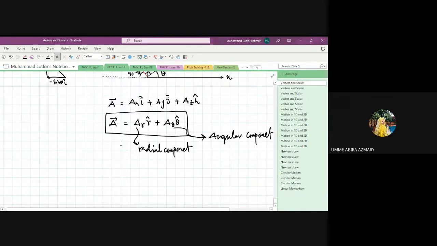No, sir. In the Cartesian coordinate system, we have the x-axis and y-axis, but in the polar coordinate system, we have r, which is the radius, and we use theta for the angle. So I don't think it will look the same.